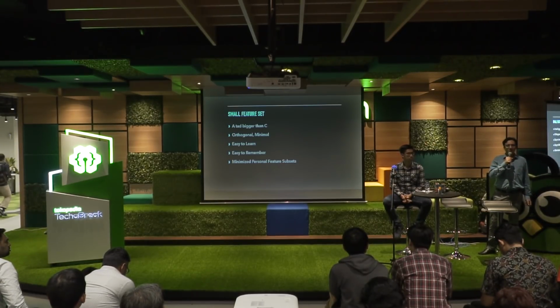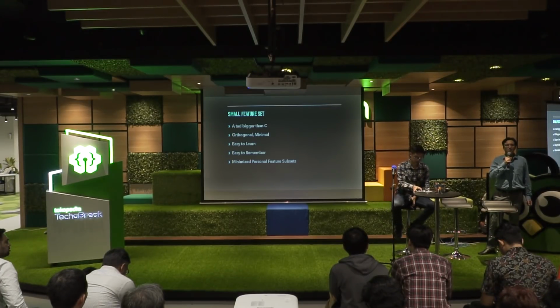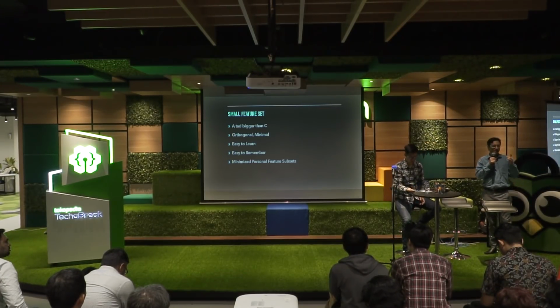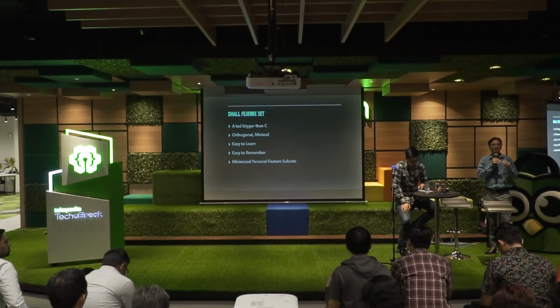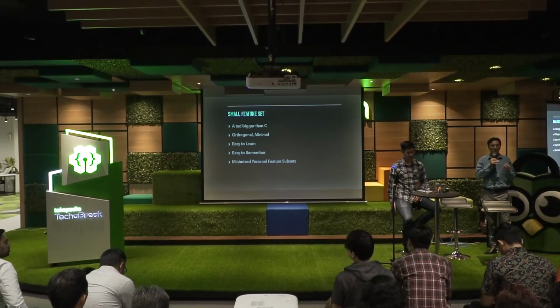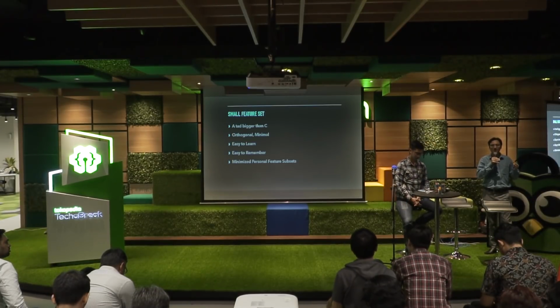And all the features that are present in Go are orthogonal and minimal. Orthogonal means that you can combine any feature with any other feature in meaningful ways. So the number of things that you can do with a small set of features is very large, because you can combine them in different ways to make something happen.